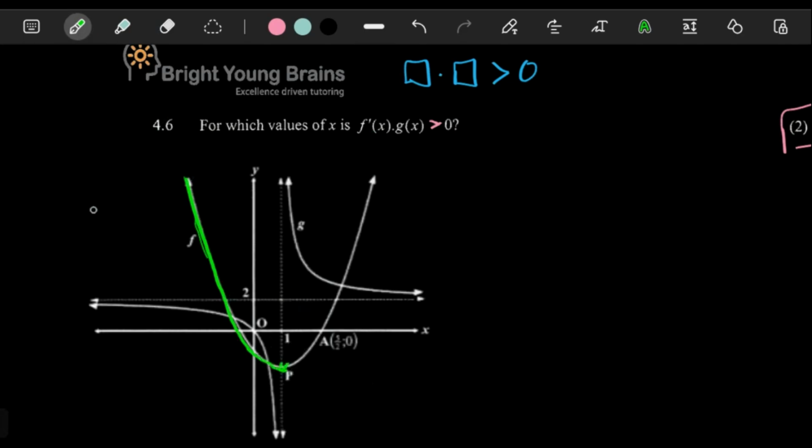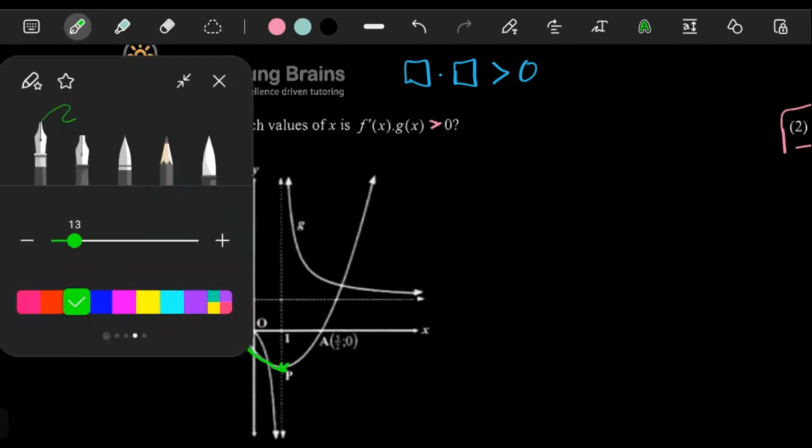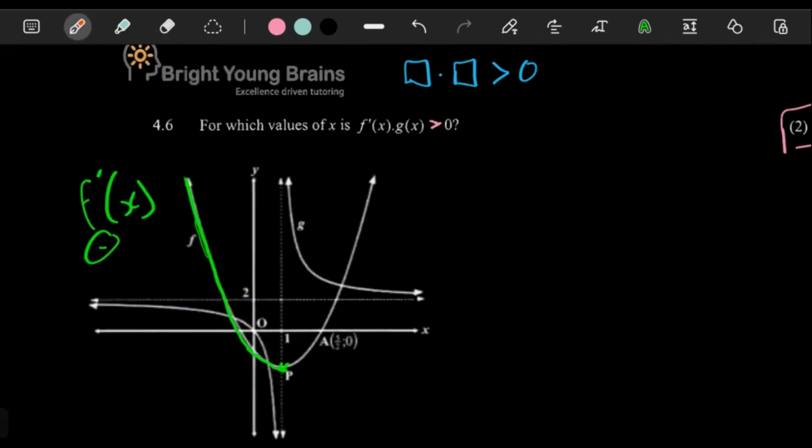This is saying the first derivative of f, and the first derivative of f refers to gradient. So this is where we have negative gradients. And after that, this is where you have positive gradients.